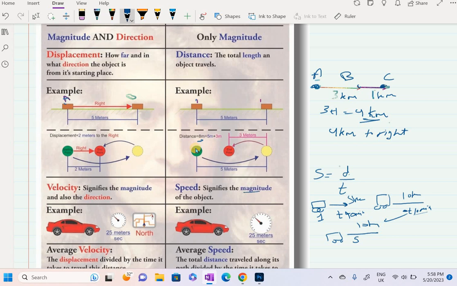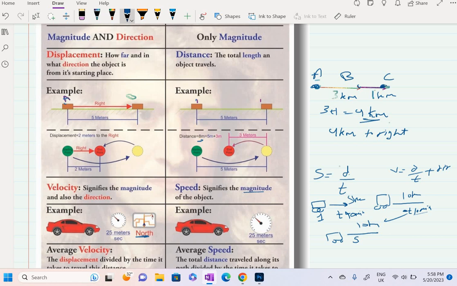So speed is only magnitude. Velocity is also distance over time, but plus direction, also value plus direction. This car, for example, has a velocity of 25 meters per second toward the north. I just write the direction, so that's why I wrote velocity.